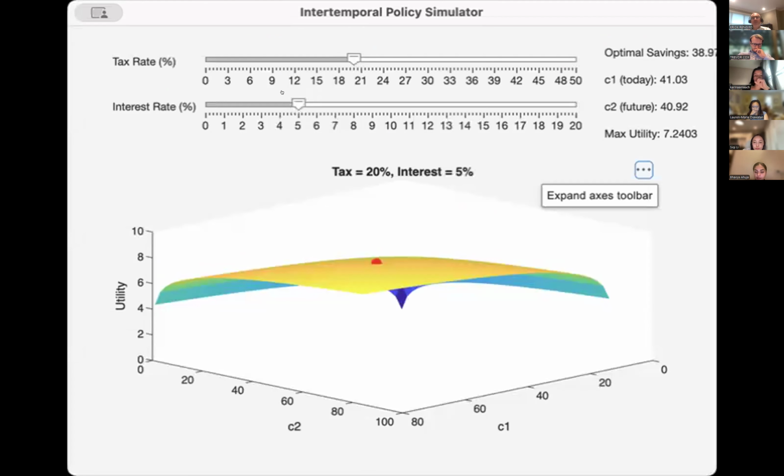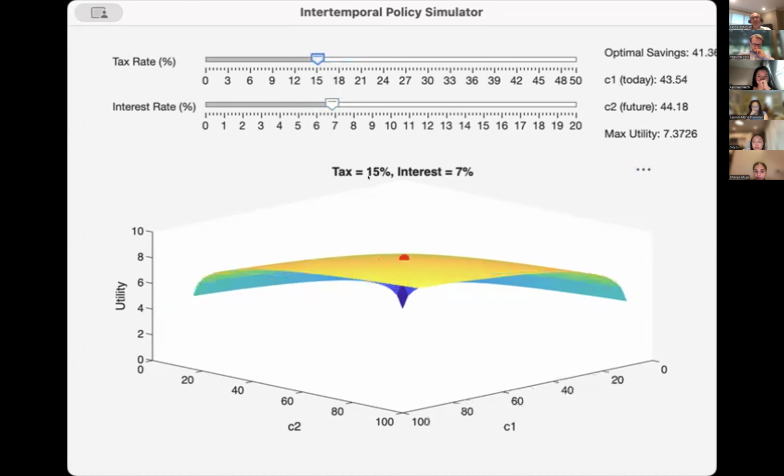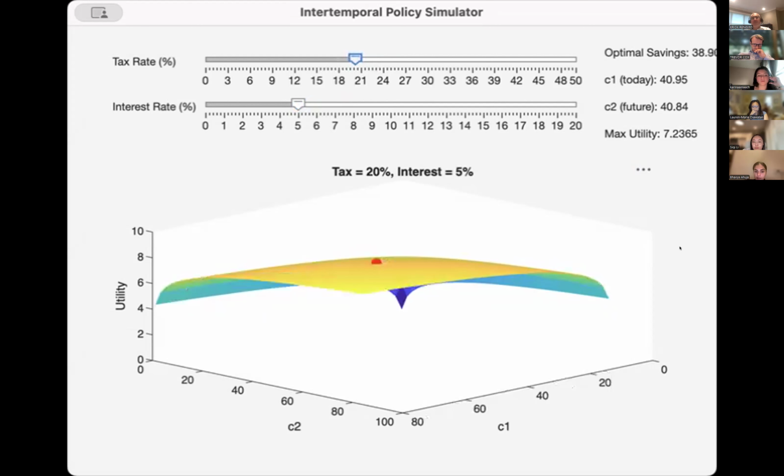So then we have the intertemporal policy simulator. So as you can see, the more you shift it, it'll keep changing. So first you have, originally I think it was 15%, and then I think it was 5 or 20, somewhere around this point. So you have the red dot here, which again represents the utility maximizing combination, or the point that produces the highest utility for the consumer themselves.